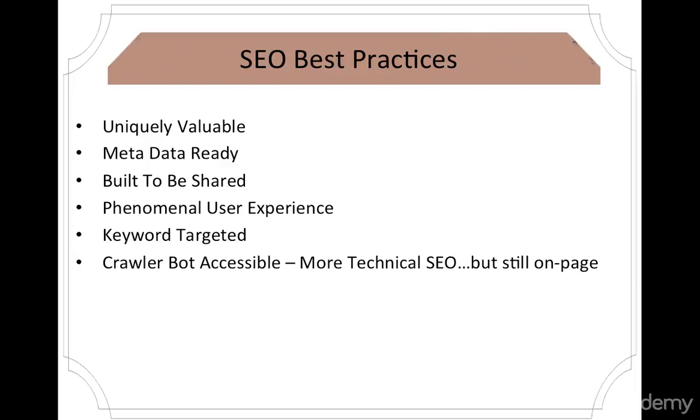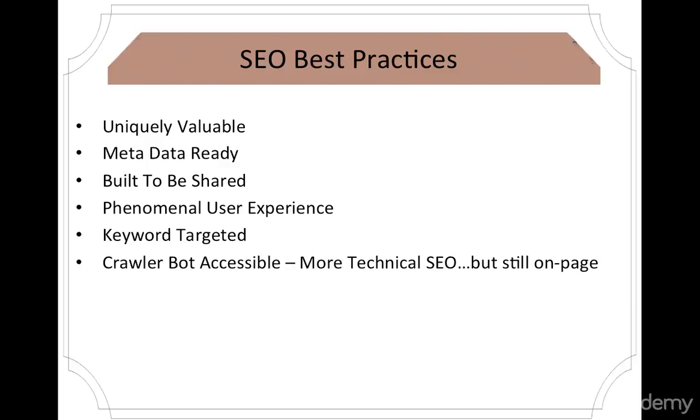So if someone's looking for pepperoni pizza, we should be able to talk about the fact that we have pepperoni pizzas at our place. We have anchovy pizzas. Why not talk about those things on your website? Try to look at your competition, but be uniquely valuable and definitely have the menu on your site. That's a given. It always shocks me for restaurants that don't do that, but that's very important. So that's the first best practice that I want to mention.